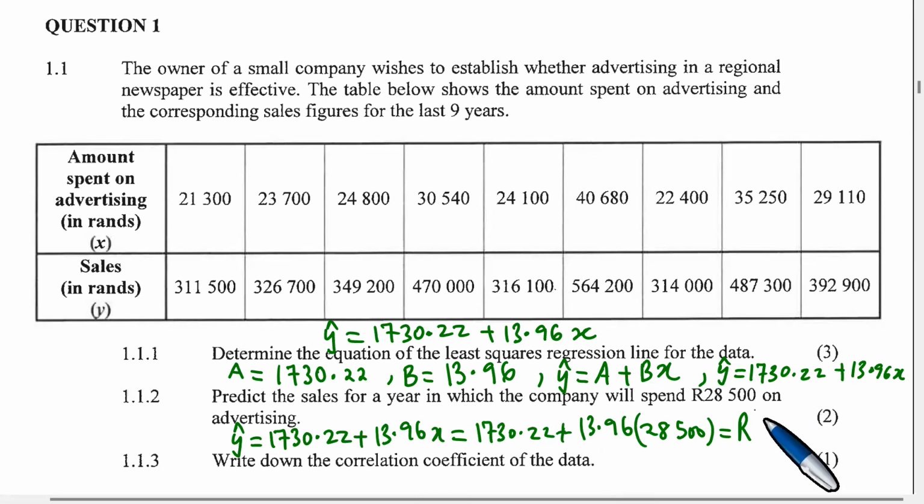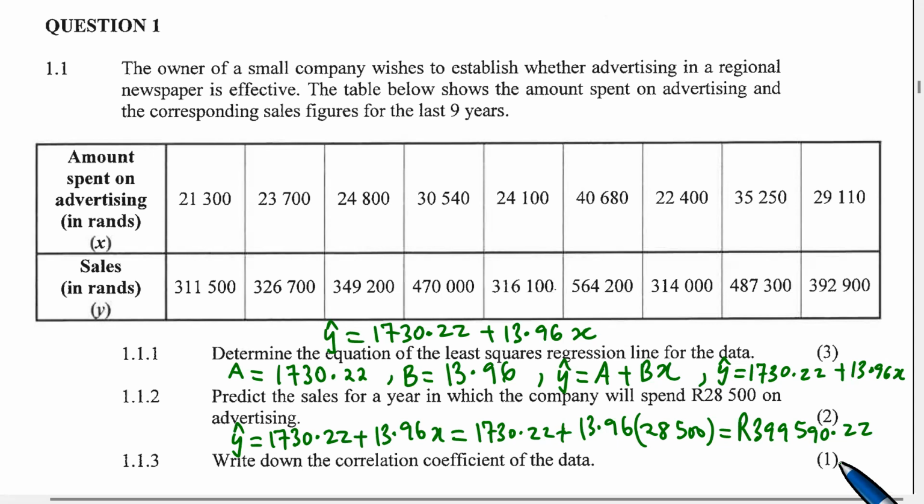So the sales become 399,590.22. So in other words, this is the estimated amount in rands of the sales. Y hat is this. Right.